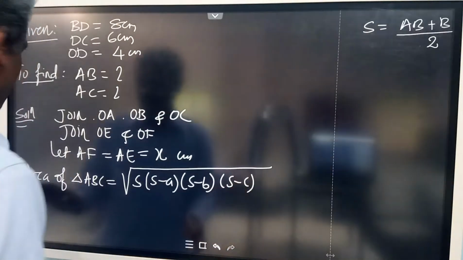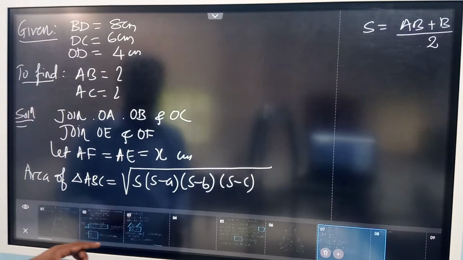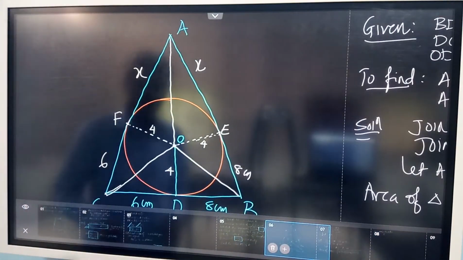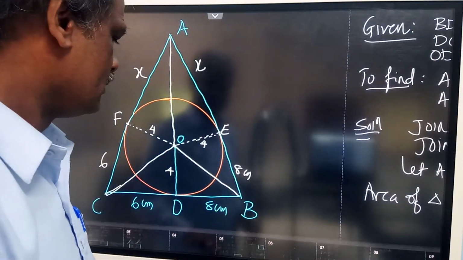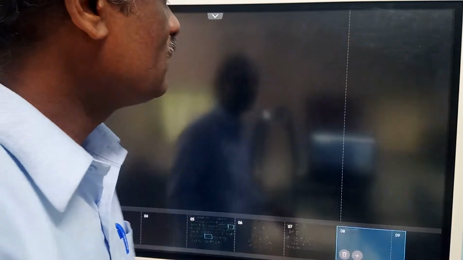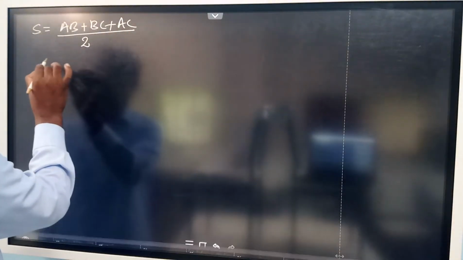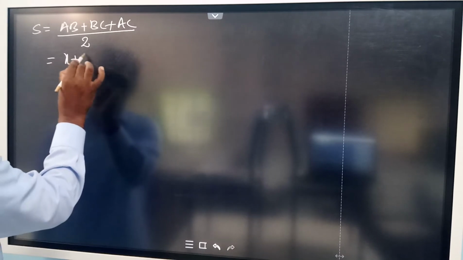So what are AB, BC and AC? Look at this diagram. AB is x plus 8, so you can write here x plus 8. Then plus BC.